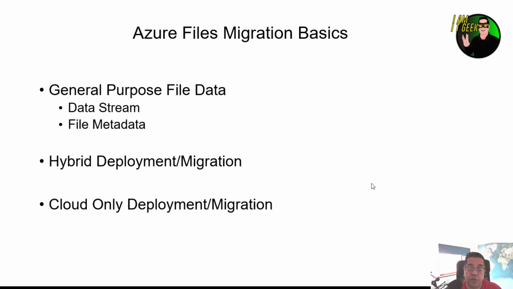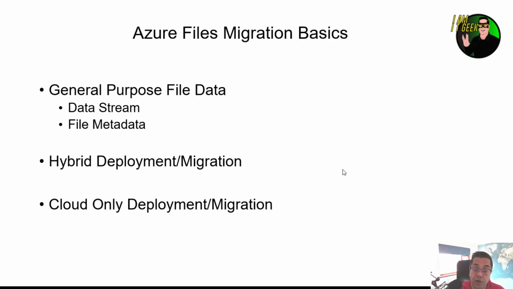Or again, you could go full throttle and move the whole file share up into Azure and have users accessing it directly from the cloud, so you don't mount it on the server locally. So these are some of the Azure migration basics I wanted to touch on that I felt would be useful for everyone to hear. Let's move on to the next slide.